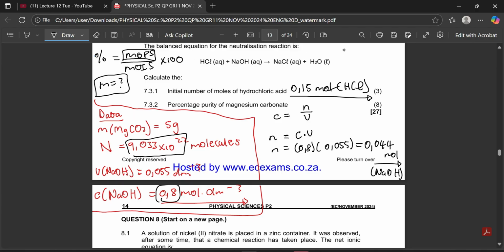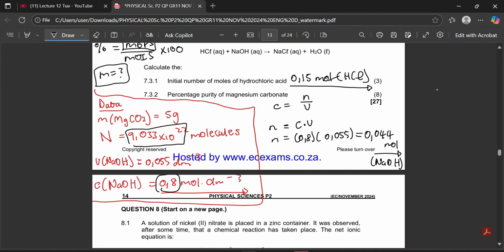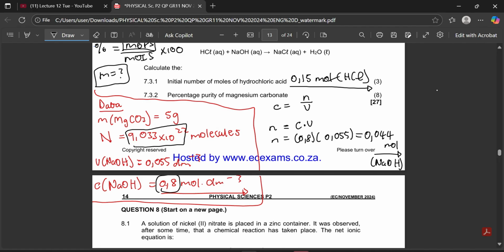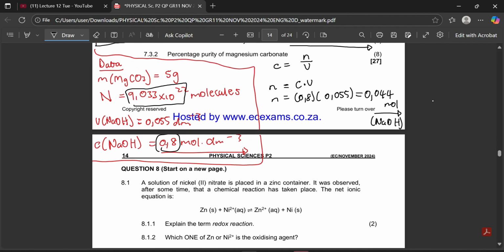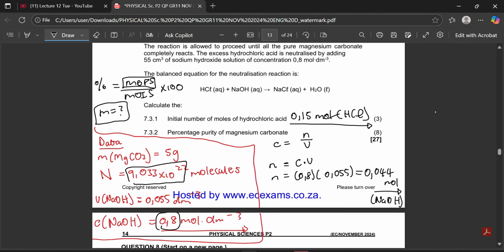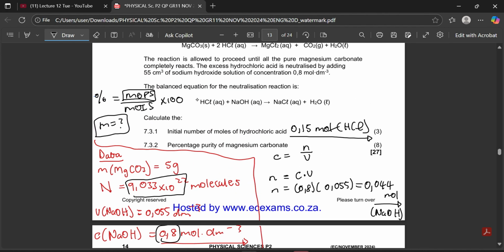I know that I can get him by determining the number of moles and then getting the molar mass. But how do I get the number of moles of hydrochloric acid? Think about it for a minute. 5, 4, 3, 2, 1. Aha, you got it. You need to use the stoichiometric ratios. If you look at the stoichiometric ratios, we notice that this is at a ratio of 1:1.